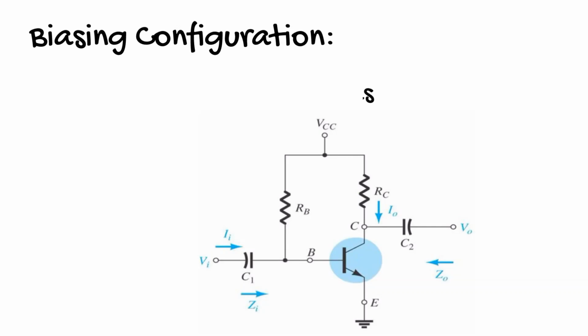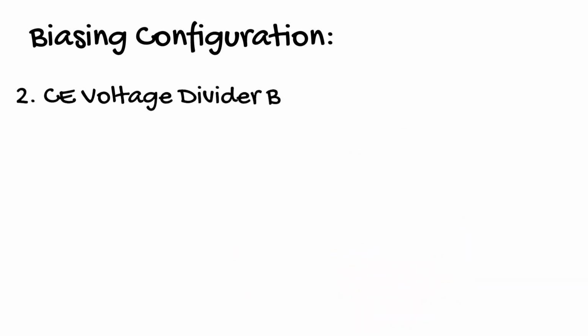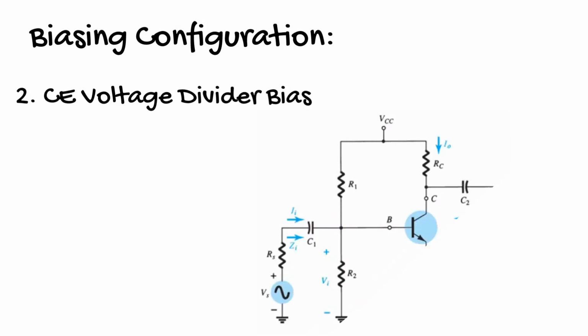The first one is common emitter fixed bias configuration, which I assume you all already know. The second one is common emitter voltage divider bias, which we used in our previous class. For these two circuits, we will use new formulas.